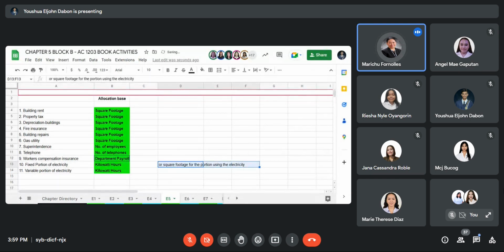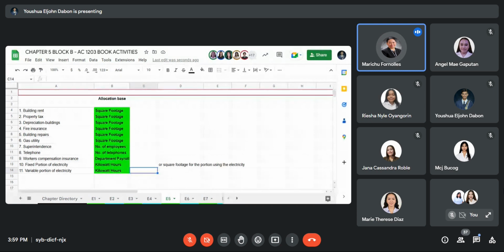So based on the square footage, fixed portion of electricity. The number 11 is, ang variable portion is based on kilowatt hours, ma'am. Yes, because the consumption is measured in terms of kilowatt hours. So that ends up chapter 5.